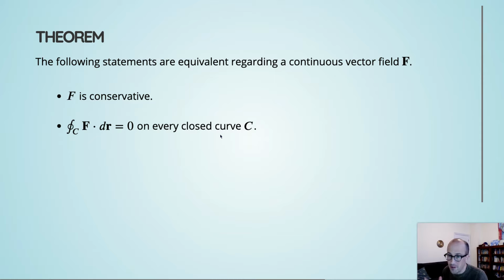In mathematics, closed has a lot of definitions, but for a curve, it just means that it joins itself. So the beginning point and the end point are the same. Notation-wise, you might have noticed already this little circle on my integral sign. That's the symbol we use when we have a closed curve.